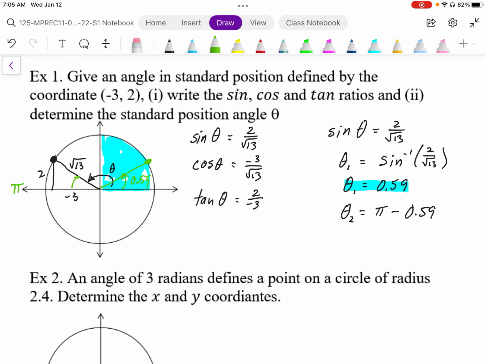So if I do pi minus theta 1, I end up with 2.55 radians. So 2.55 radians is in the right quadrant. Theta 2 happens to be the answer that I'm looking for. The quadrant 2 angle is what I want, and that's the angle that I'm looking for. So that's my answer.